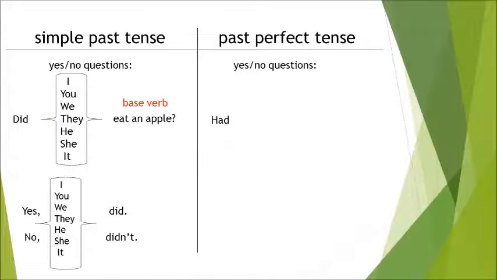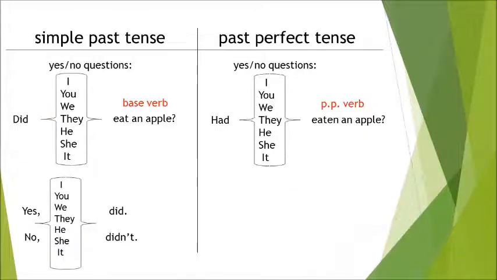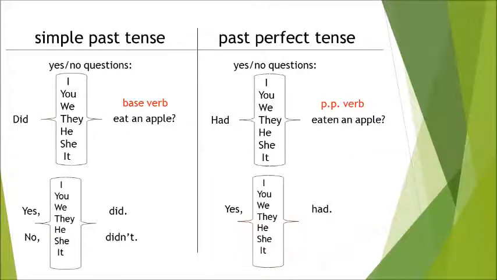Start with had, then the subjects, which are I, you, we, they, he, she, and it, and eaten an apple, the PP form of verb. Answer yes, I had, or no, I hadn't. No, you hadn't. No, we hadn't. It's the same for all the subjects. I'm really into these comparing tables. They are perfect for everything. I recommend it to everyone for everything.